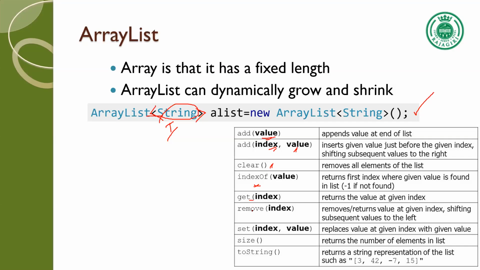Then remove, let's say I can say remove the second element. Then you have set, to set the index. Then you have size. If you want to convert your array to a string representation like this, you can use the toString method.